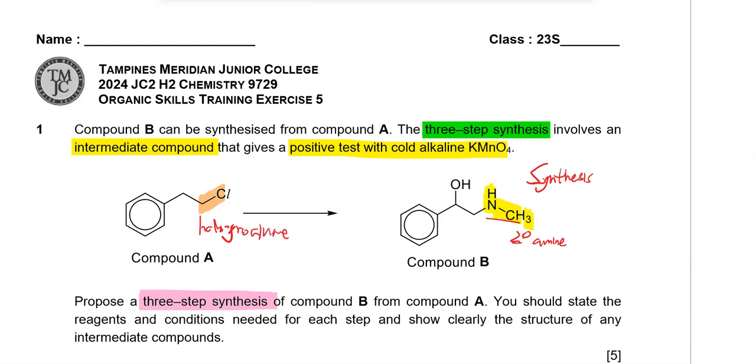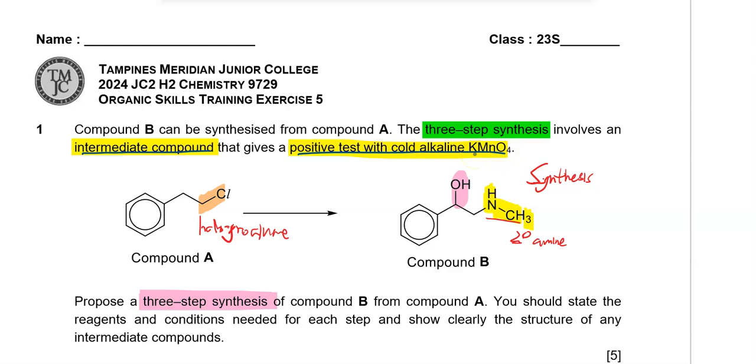Now, importantly, you will also notice that there's an additional alcohol functional group over here. So in this case, they mentioned that there's an intermediate compound that gives a positive test with cold alkaline KMnO4.